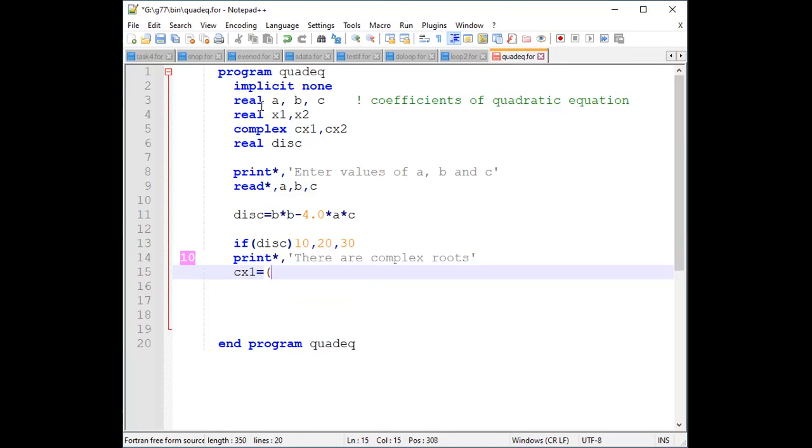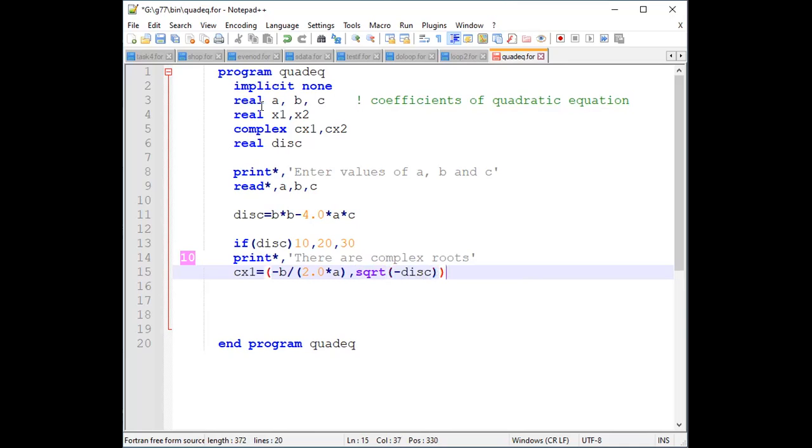So the real part will be given as minus b divided by 2 asterisk a, right? From the solution of quadratic equation, this is going to be the real part. And then the imaginary part will be the SQRT of minus discriminant, right?